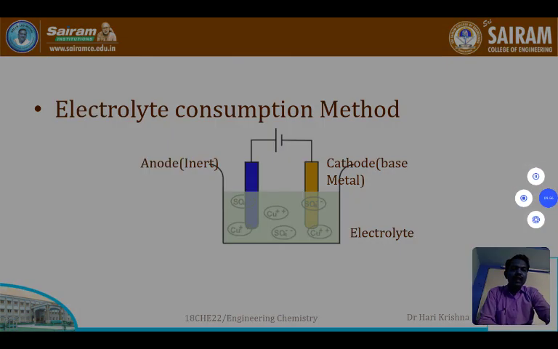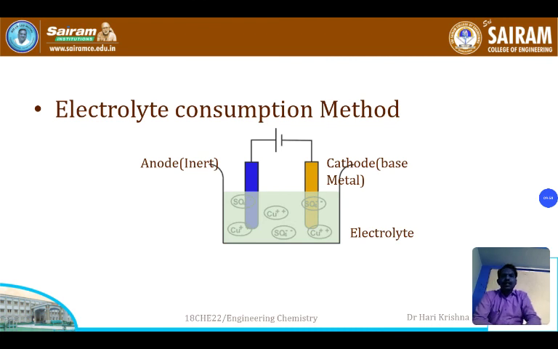Since the Cu2+ ion concentration in the electrolyte is reducing, it is called the electrolyte consumption method. Examples of this method are chromium plating, nickel plating, etc.